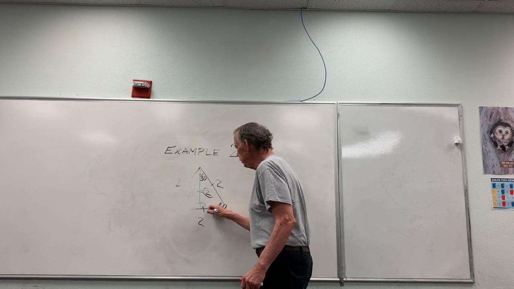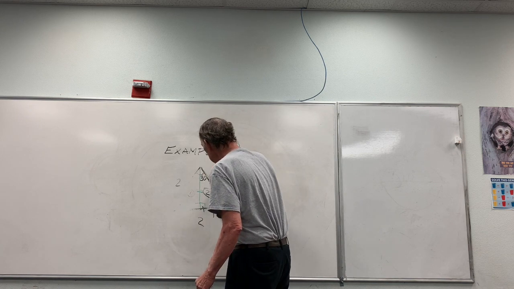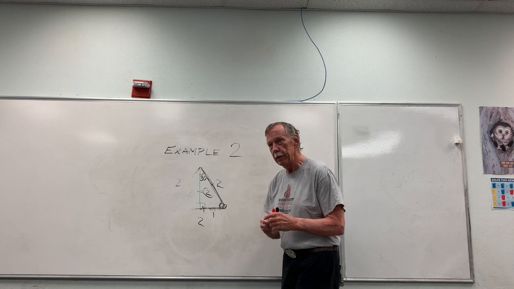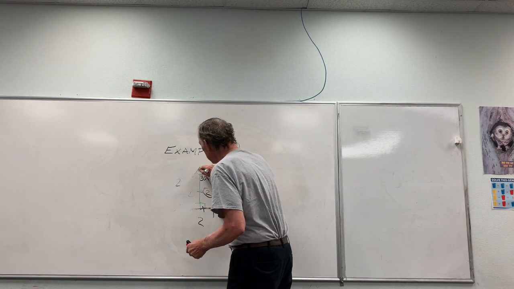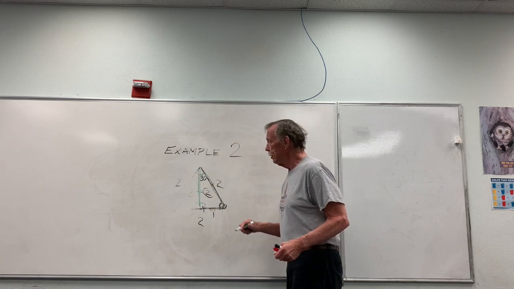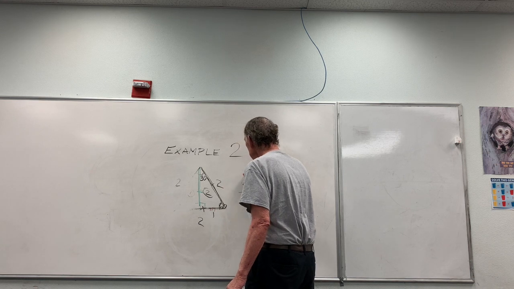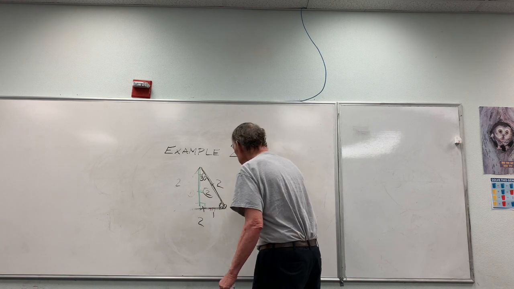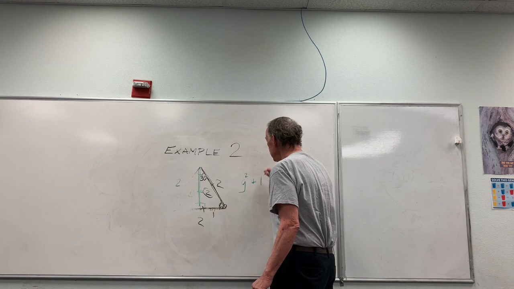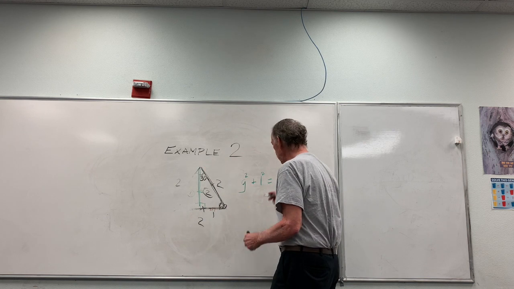So we have a ratio. This piece is 1, and this piece is 2. The green piece can be found really quickly and easily using Pythagoras. The green piece, call it G, squared, plus this piece squared equals the hypotenuse squared.